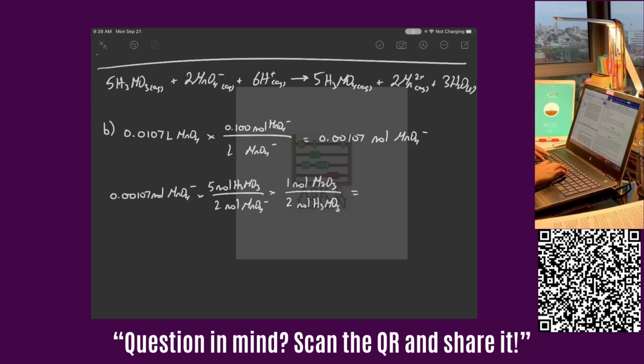So therefore we have 1.33 times 10 to the negative 3 moles of the oxide M2O3.